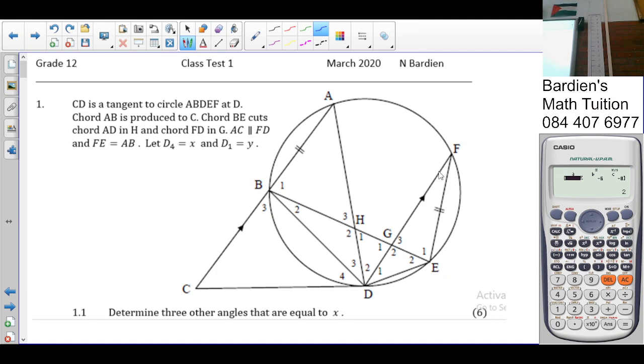Okay, we know that D4 is equal to angle E2. Not so. Then we are told that this is also the same as which angle? Should be angle A as well.